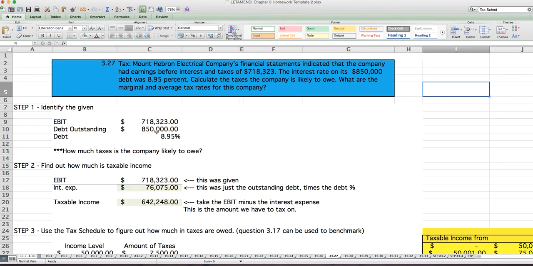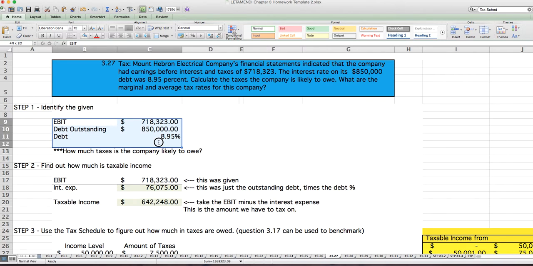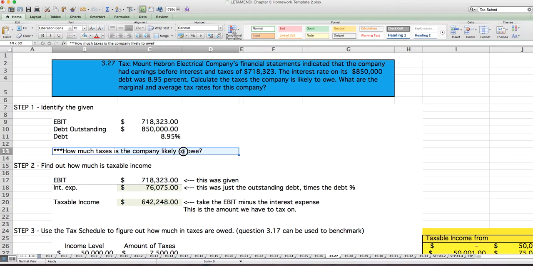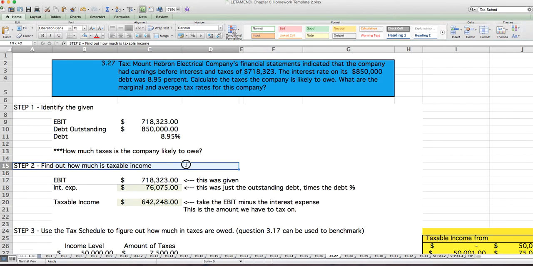Again, the answer is in the back of the book, but I would like to see you get to the answers here, okay? So the first step is we identify the given as always. We have the earnings before interest and taxes, we have the debt outstanding, and we have the interest rate, which is 8.95%. The bottom line: how much taxes is the company likely to owe? The second step is that we have to find out how much is taxable income.